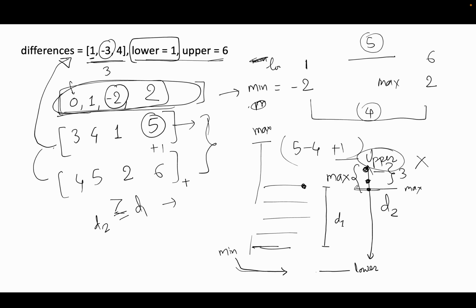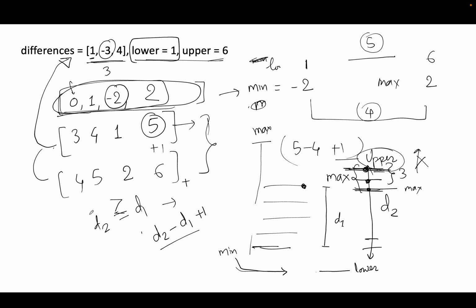The minimum is to align min with lower, then max will come here. Then align min with lower plus 1, then max will come here. Then lower plus 2, and max will come up to align with upper. Now if you further increase, it will cross upper. So that's why this outer difference, upper minus lower, is D2. So D2 minus D1 plus 1. Because if they are the same, then we have just one possibility.